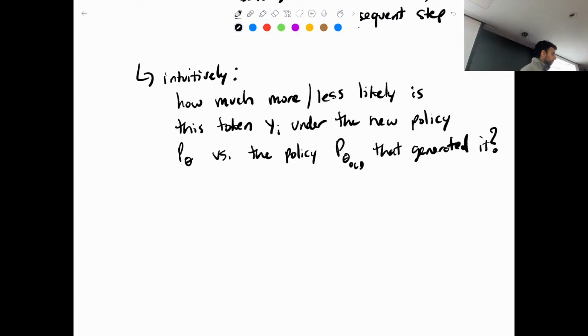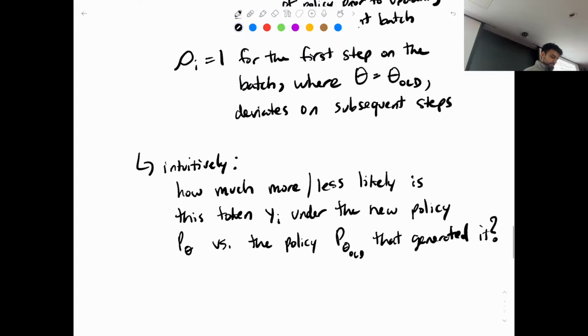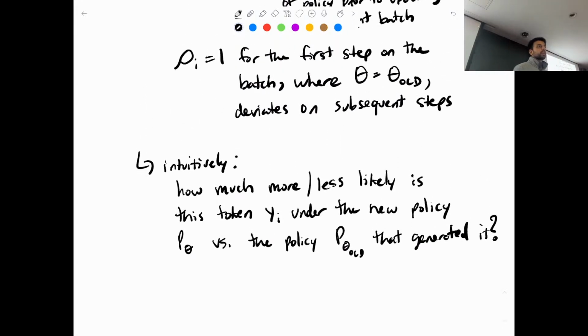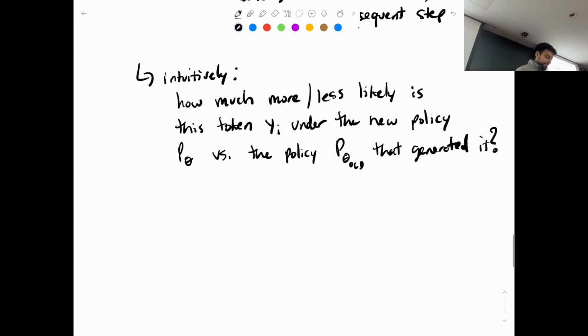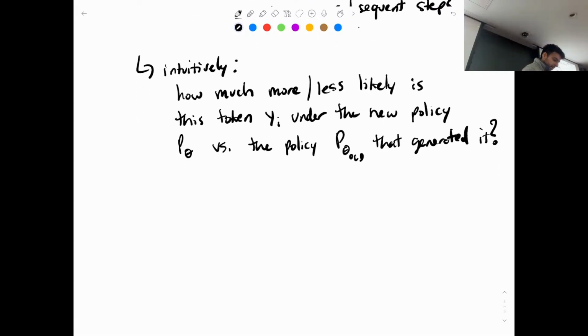Also, is the theta old from the step before the current one or from the beginning? Yeah, it's from the beginning of that batch. Okay. So it's not from the very beginning of training. Otherwise, it would be set to the SFT model. Yeah. Okay.